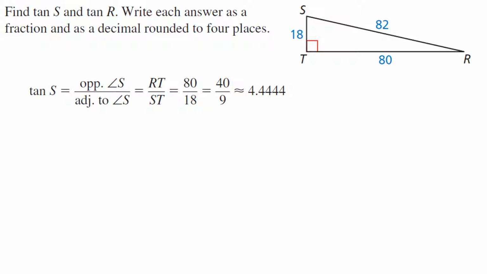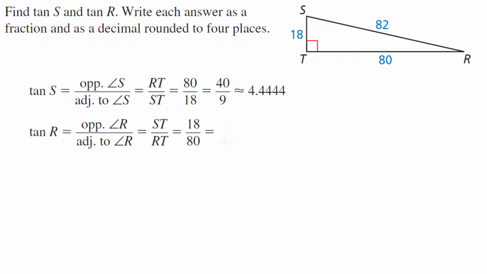Now, exact same triangle, exact same picture. What if we want to study angle R and we want the tangent of angle R? Opposite and adjacent have traded places. ST is now the opposite leg. That has a length of 18. RT is now the adjacent leg, and that has a length of 80.